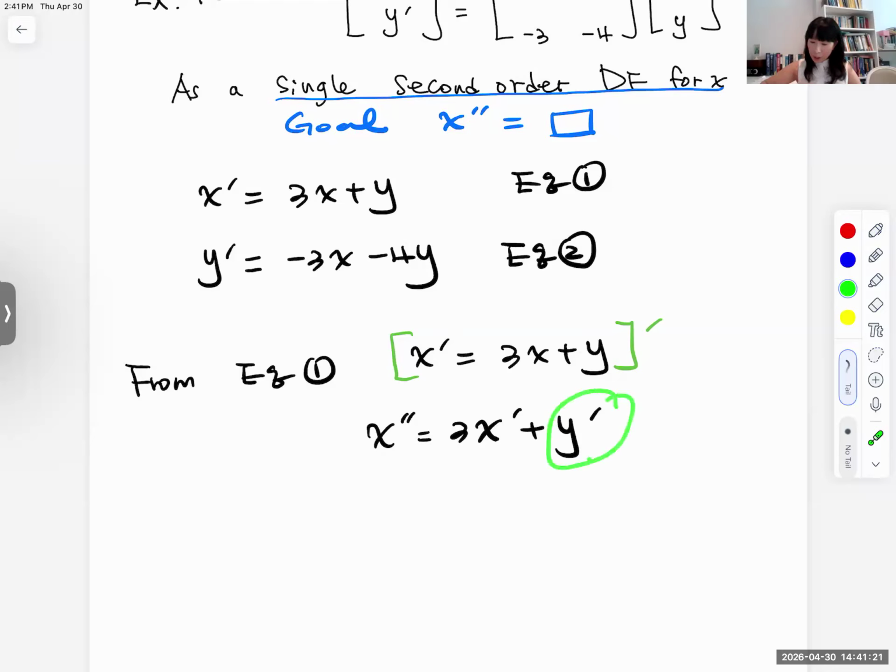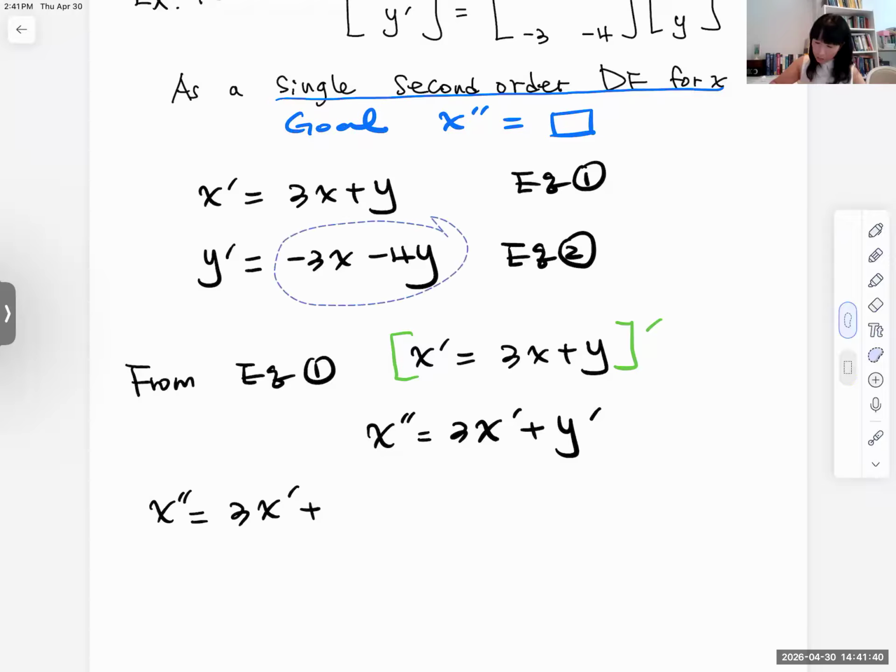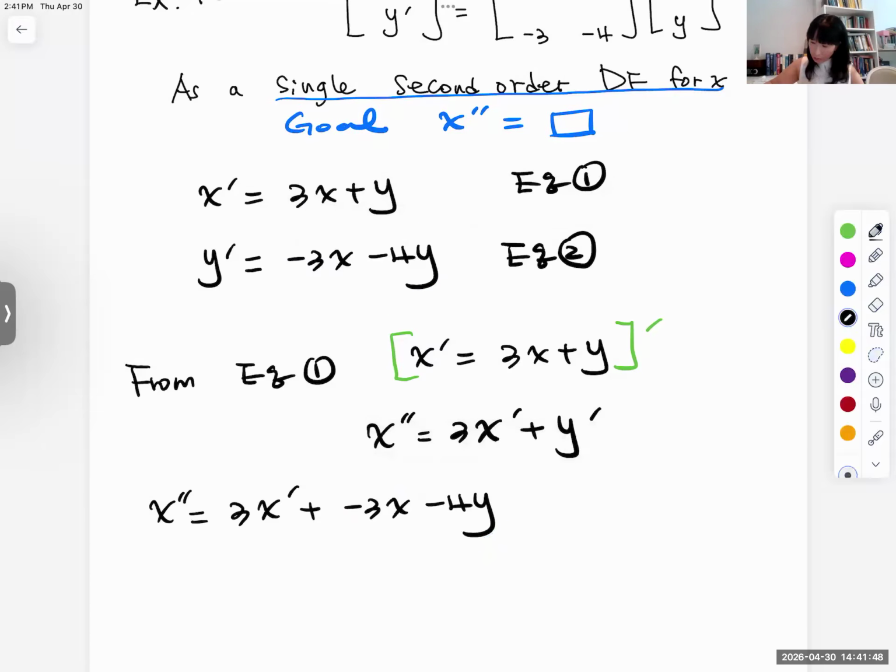Okay, then y prime. Then we can substitute from equation number 2, right? Y prime, yeah. So we have x double prime equal to 3x prime plus y prime. Copy, right? So from equation 2.